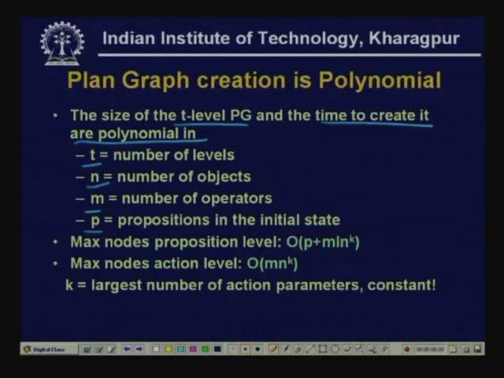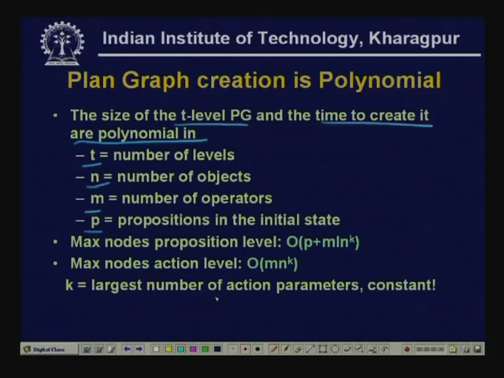And the size and the time of this planning graph is proportional to p plus m into L into n to the power k. So, for k constant, this is a polynomial. The maximum action nodes are m into n to the power k, where k is the largest number of action parameters that we can have, and k is usually constant.